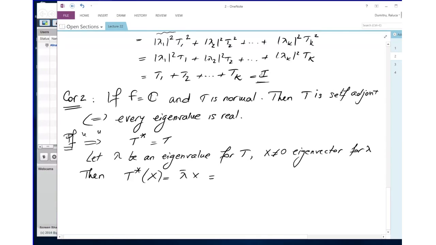But because T is assumed to be self-adjoint, T star of x is the same as T of x. And T of x, because x is an eigenvector, is lambda x. So lambda x equals the complex conjugate of lambda times x. x is an eigenvector, so non-zero. So the only way to make this work is when lambda equals its complex conjugate, and that's only true for real numbers.